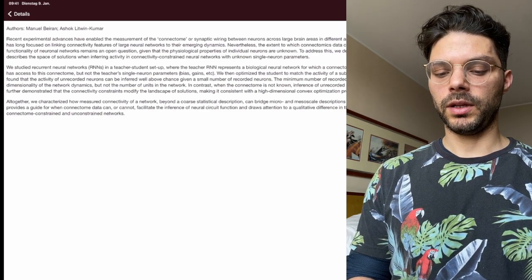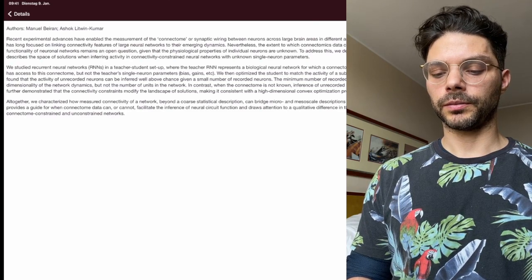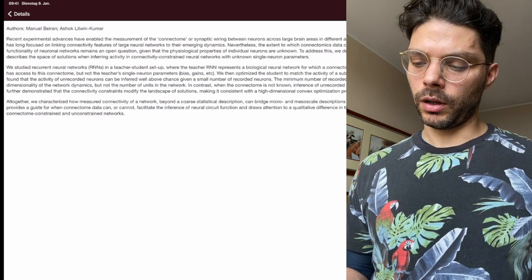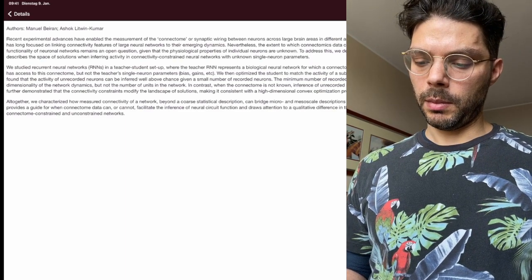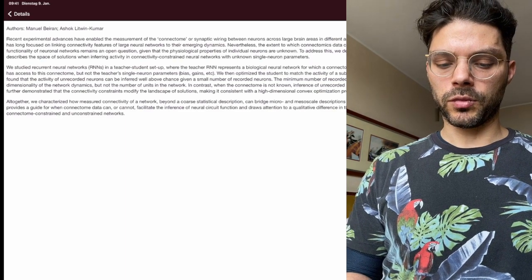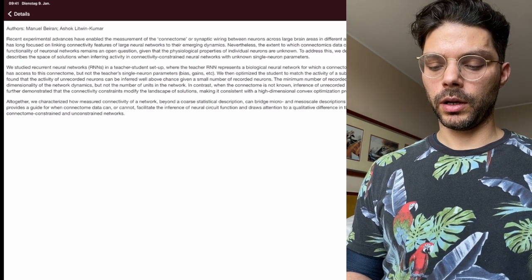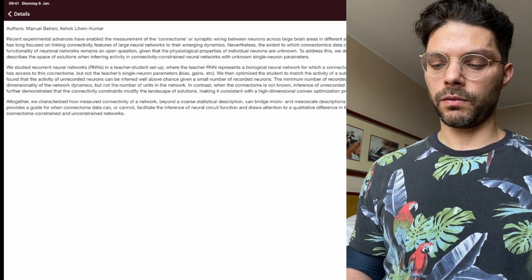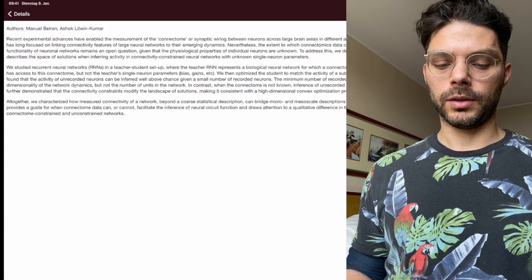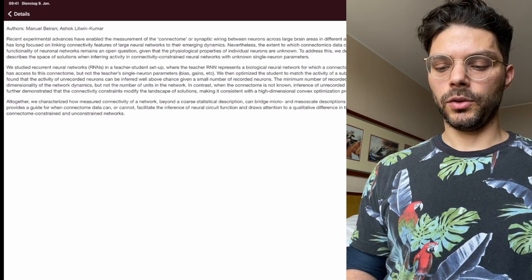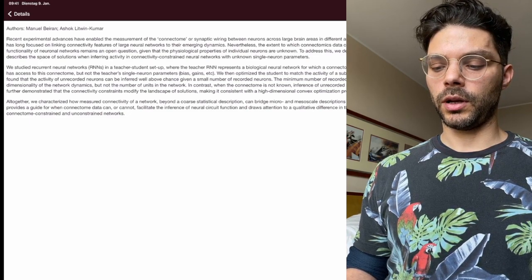We found the activity of unrecorded neurons can be inferred well above chance given a small number of recorded neurons. The minimum number of recorded neurons depends on the dimensionality of the network dynamics, but not the number of units in the network. In contrast, when the connectome is not known, inference of unrecorded activity is unsuccessful. We further demonstrated that the connectivity constraints modify the landscape of solutions, making it consistent with high-dimensional convex optimization problem.